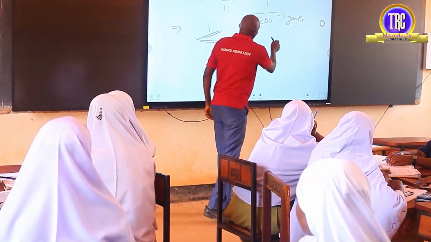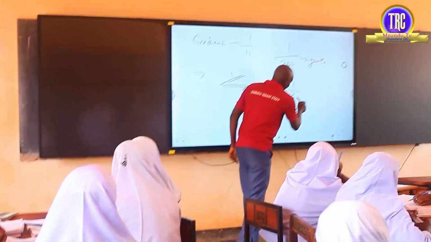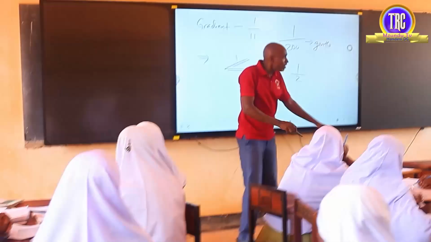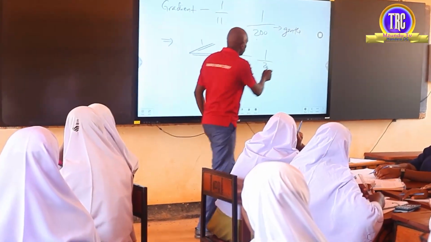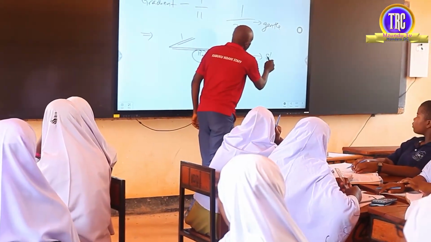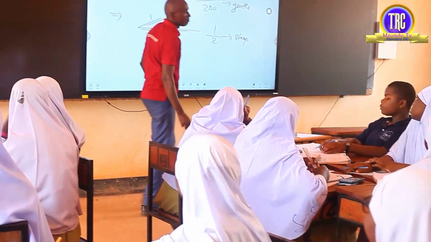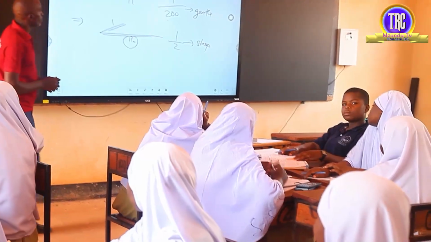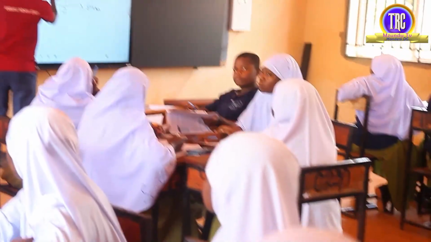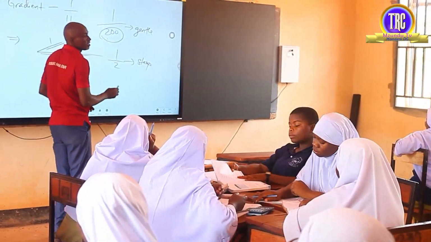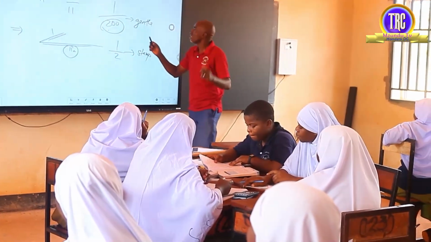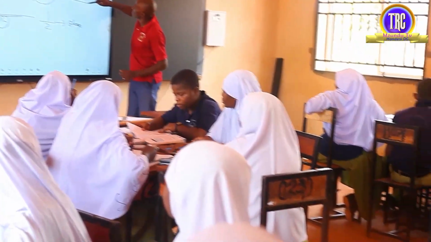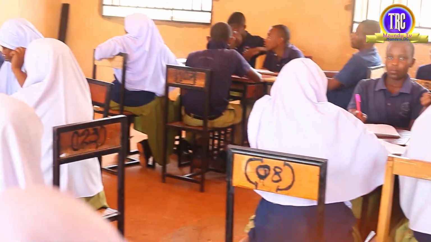And if it is like this one, only 2 meters and there is a vertical rise of 1 meter, it is very steep. So if the denominator is very big or very large, it indicates that the gradient is very gentle.